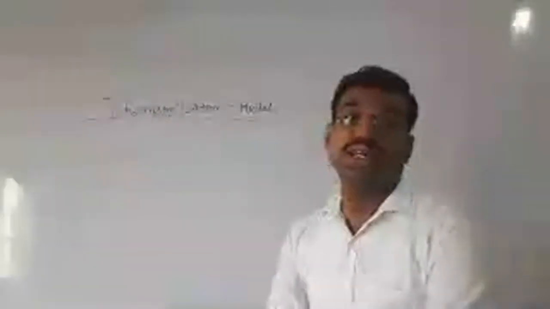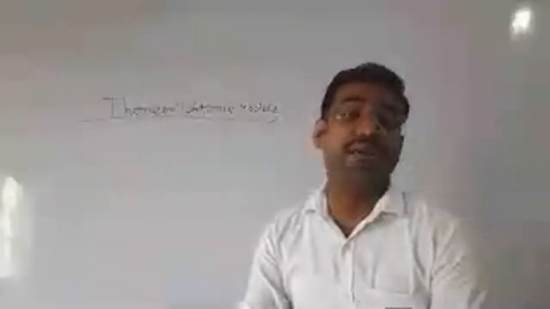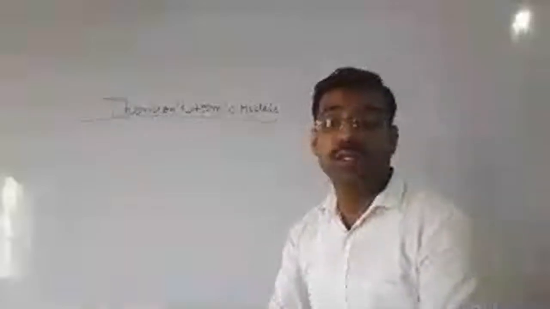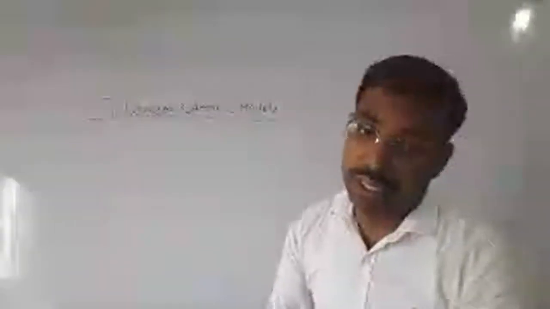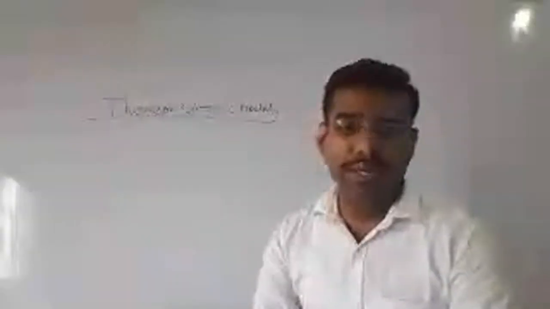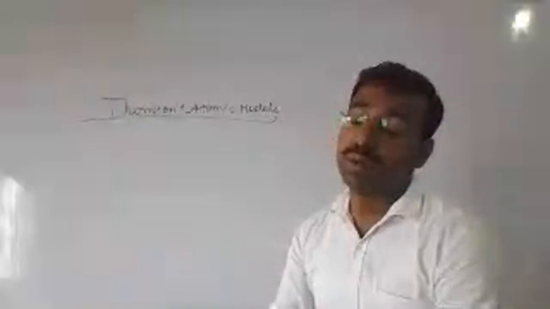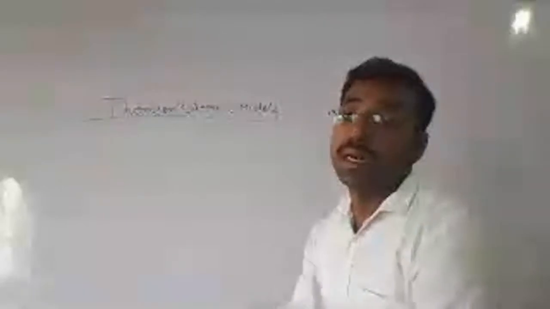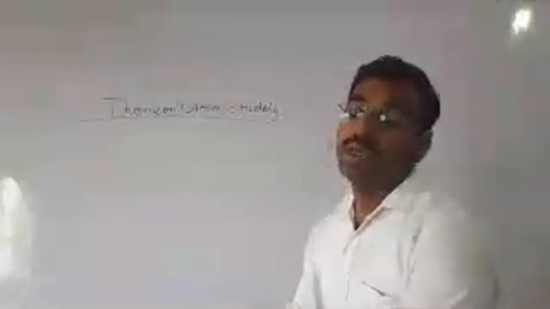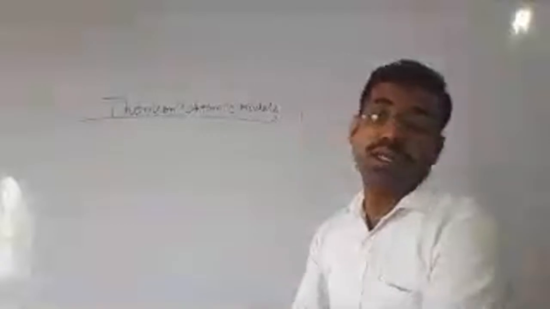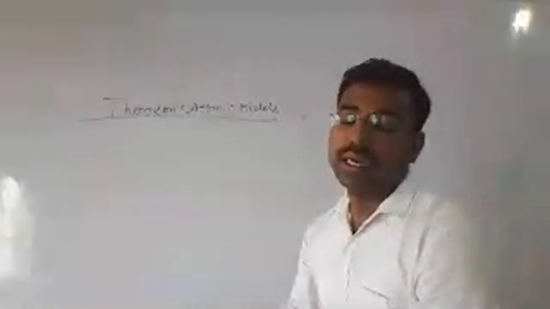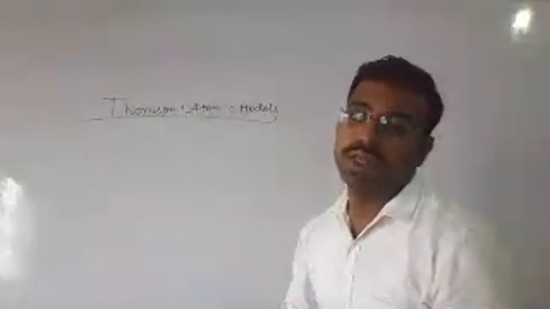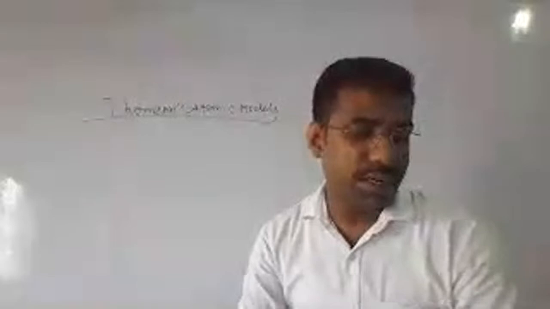Thomson made such a model because an atom is electrically neutral. If something is neutral and it has positive charge, there must be some negative charge also. To explain the electrical neutrality of the atom, Thomson made such a model.